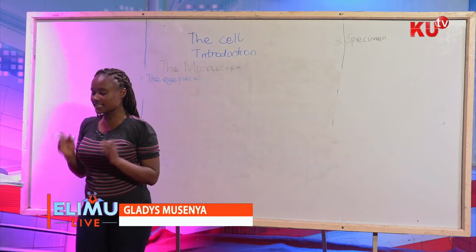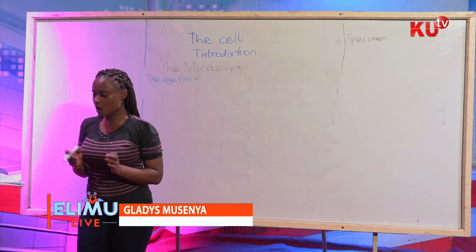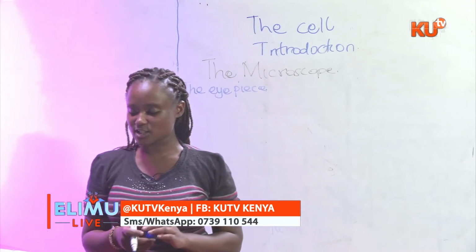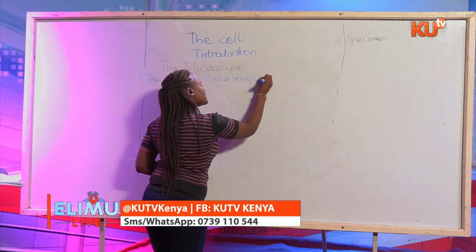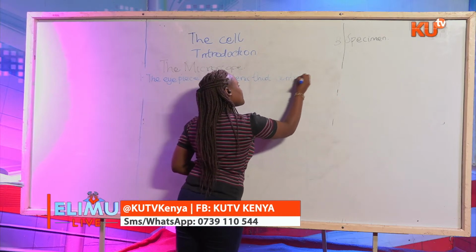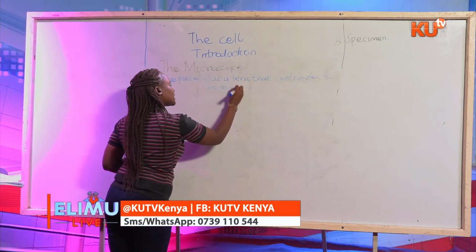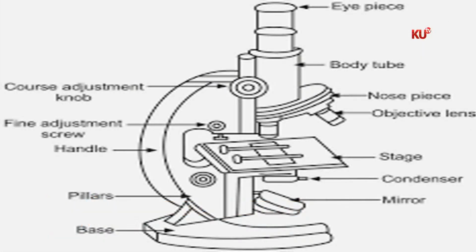An eyepiece has a lens that contributes to the magnification of the objects under observation. It usually magnifies 10 times.